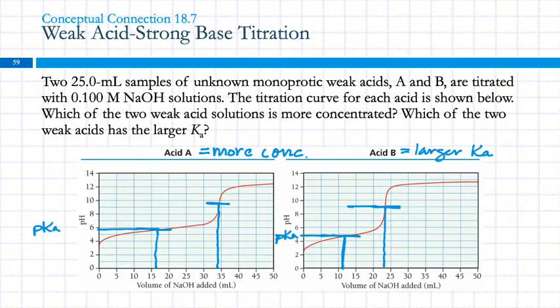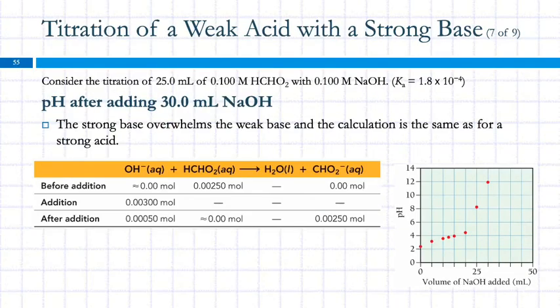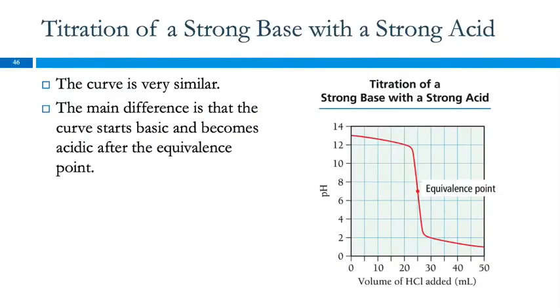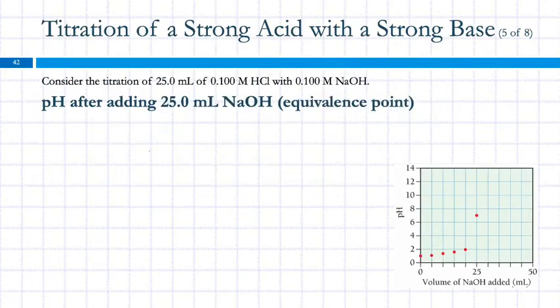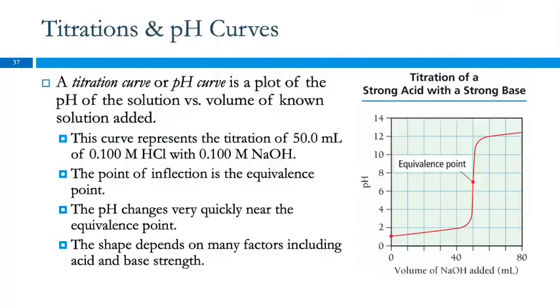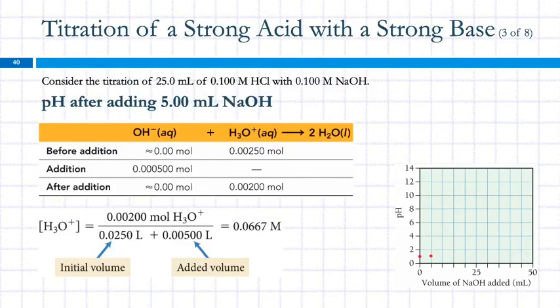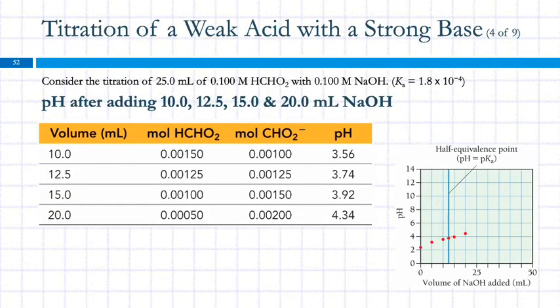Any other? Yes? So why are you looking at the half equivalence point? So at the half equivalence point, let's see if I can find a slide on that. I found it.